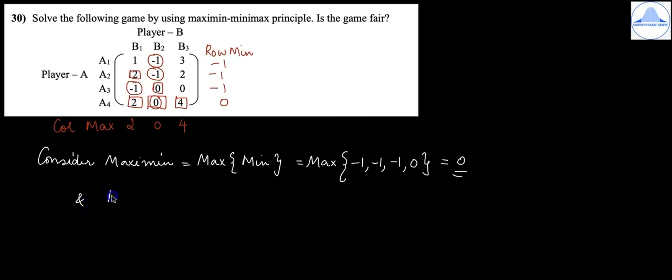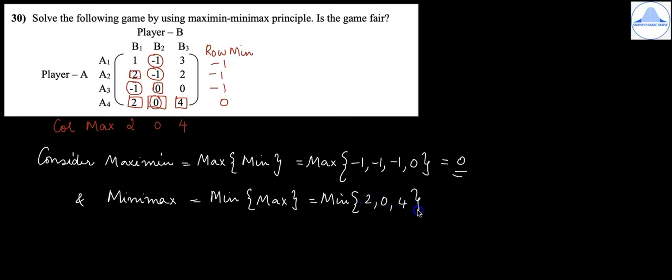Similarly, you consider minimax. Minimax, you split the word as minimum of the maximum, which is equal to minimum of the maximum values, which are 2, 0 and 4. Now you see what is the minimum of these, that means the least here. So this is equal to 0.